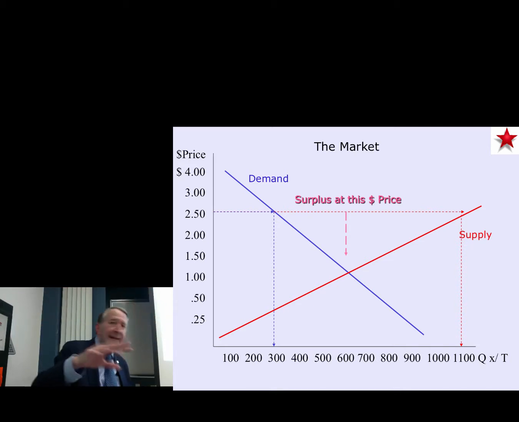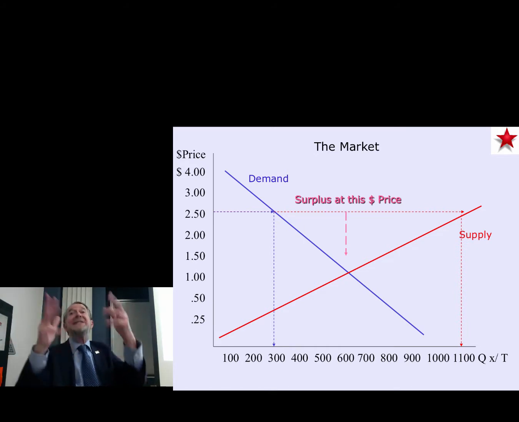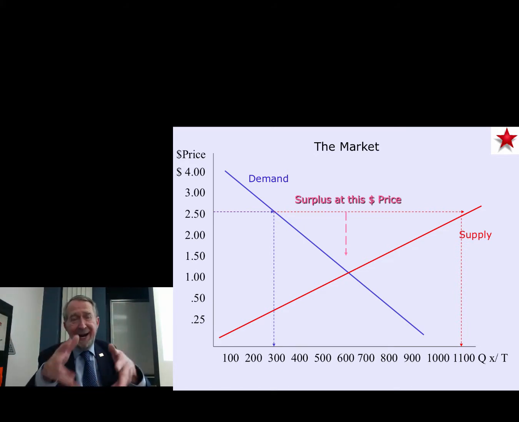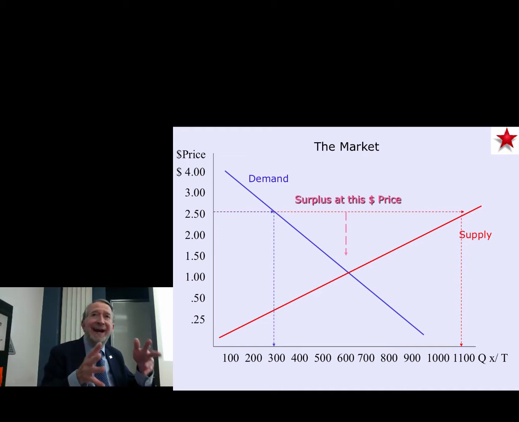Y'all with me? They can just put in queries and they can get exactly the rate of sales right now for all their items. As soon as they notice that an item is not selling at a rate which would clear the inventory by the end of the summer season, that's the time to put it on sale, right? That's the time to bring the price down because of that.